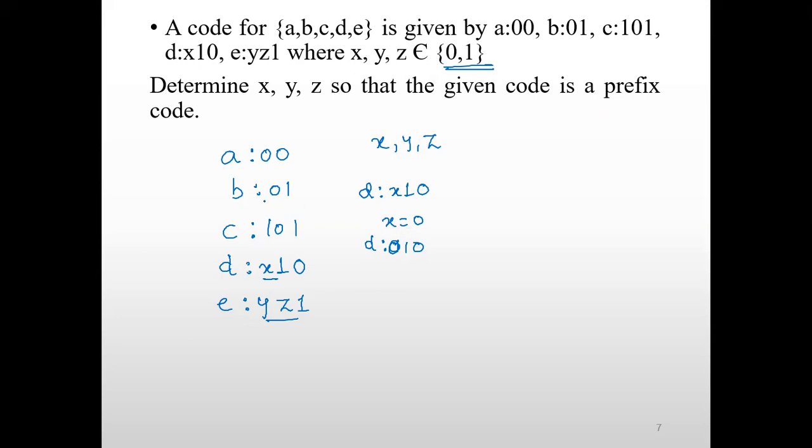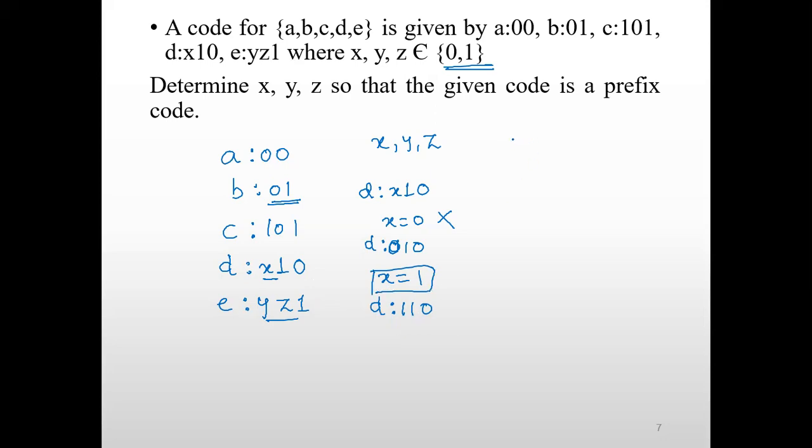But here B, the sequence 01, becomes a prefix for D, so we can't consider X equal to 0. Next, if we put X equal to 1, then D becomes 110, and there is no sequence like 1 or 11 or 110 as a prefix. Hence we can consider X equal to 1.